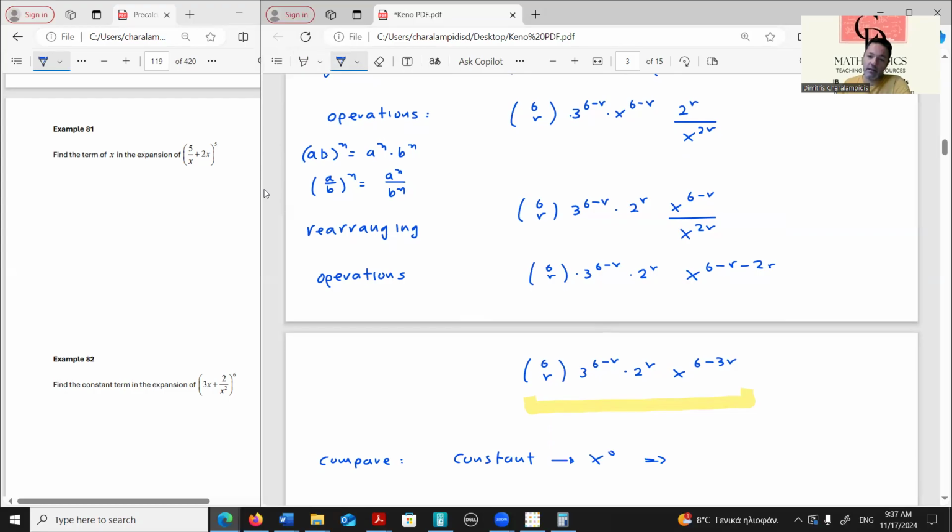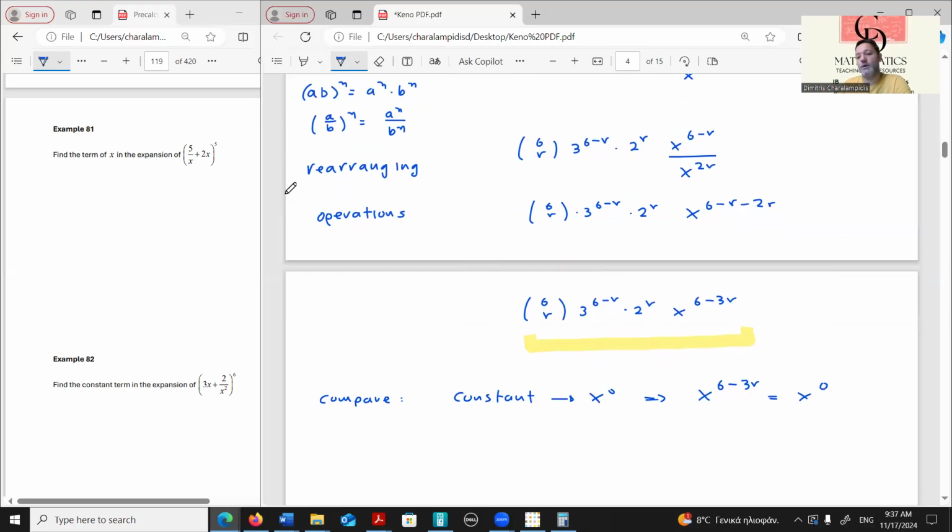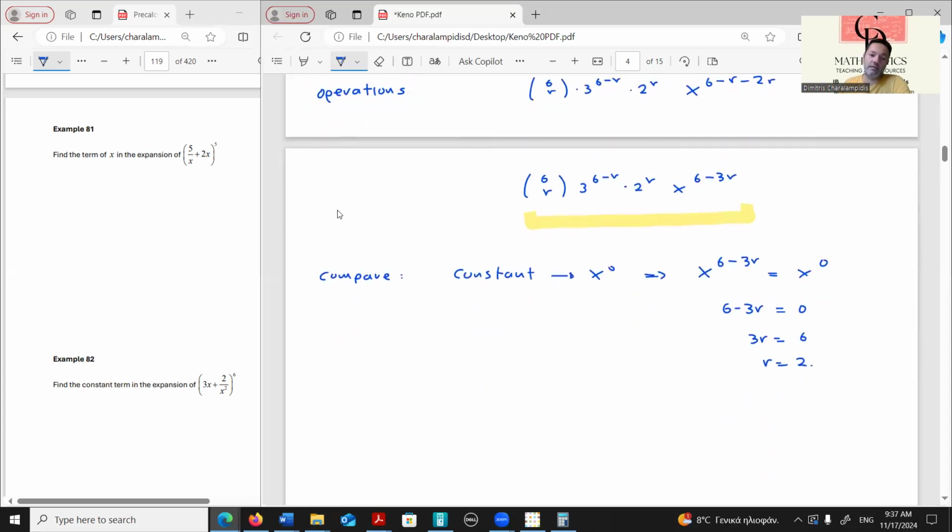So this means that x to the power of 6 minus 3r should be equal to x to the power of 0, which means that 6 minus 3r should be 0, which means that 3r should be 6, so r should be equal to 2. And there it is. Finally, we should apply it.